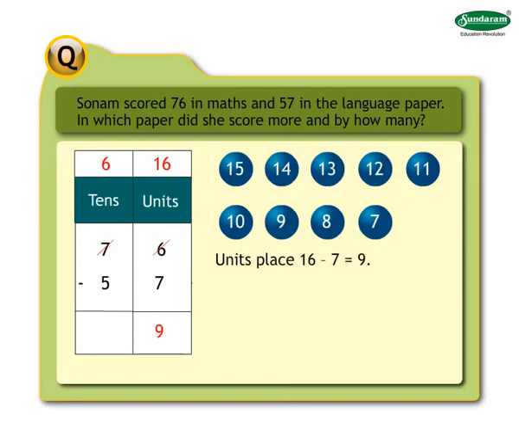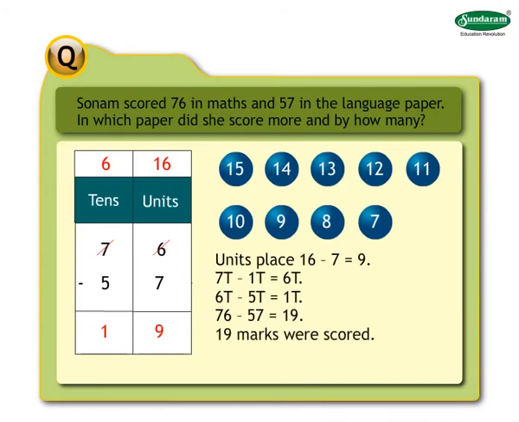In tens place, 7 tens minus 1 ten is equal to 6 tens. Now, 6 tens minus 5 tens is equal to 1 ten. Hence, 76 minus 57 is equal to 19. Hence, 19 marks were scored.